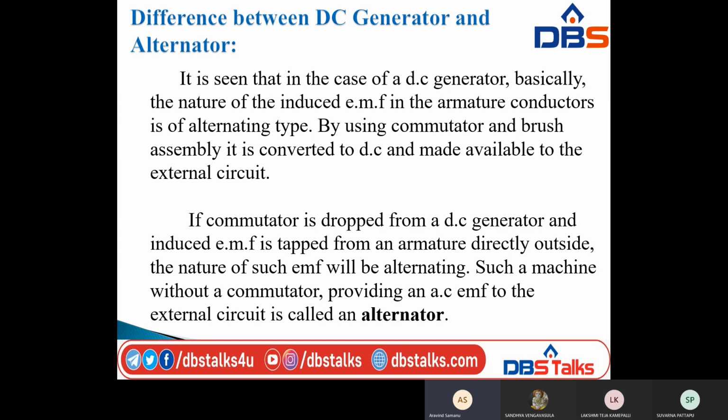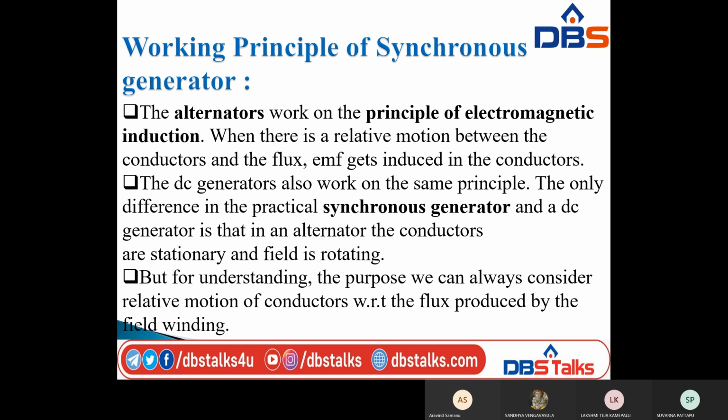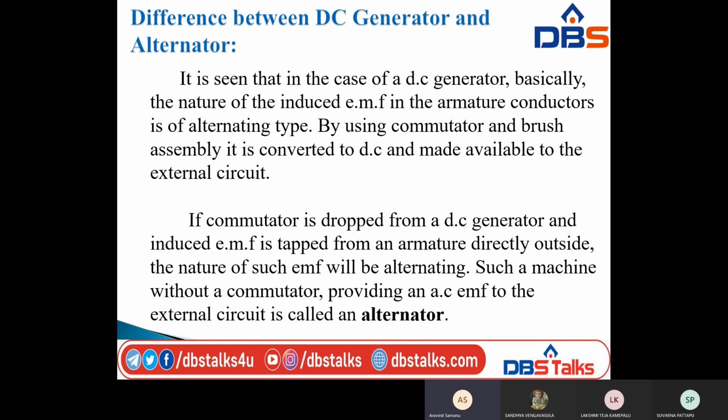Without using the commutator, that device is known as an alternator. Such a machine without a commutator, providing an AC EMF to the external circuit, is called an alternator. This is the difference between a DC generator and an alternator. So this is the introduction about the alternator, the synchronous generator.